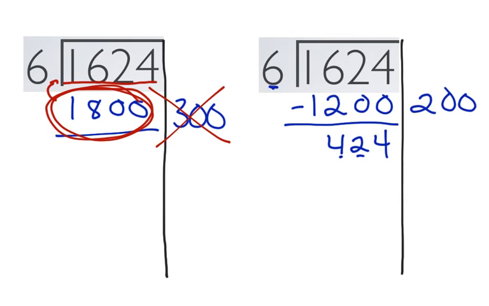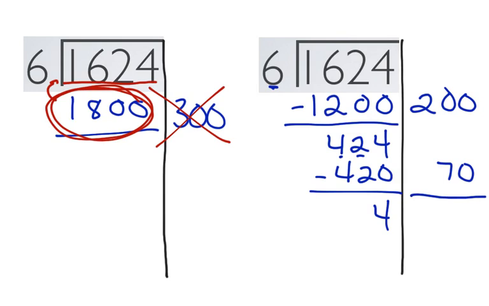I know that 6 times 7 is 42, so 6 times 70 is 420, leaving me with 4. And I can't split up that 4 into 6 groups evenly, so I'm done. So now all I need to do is add up the numbers on the right-hand side to see how many each group gets.